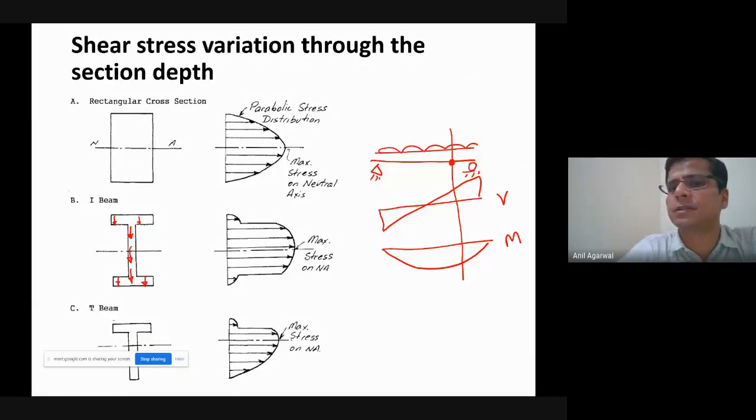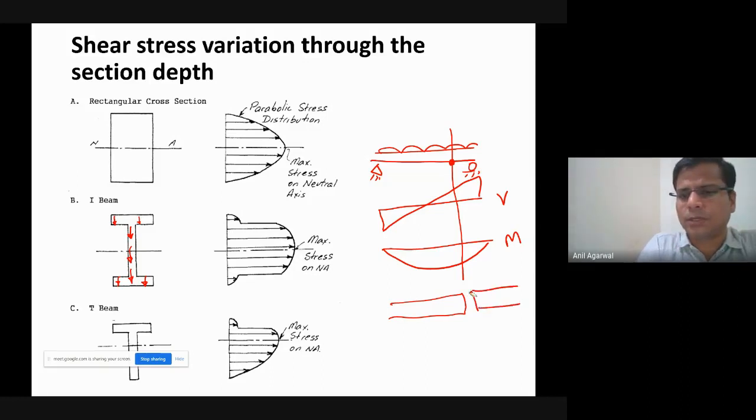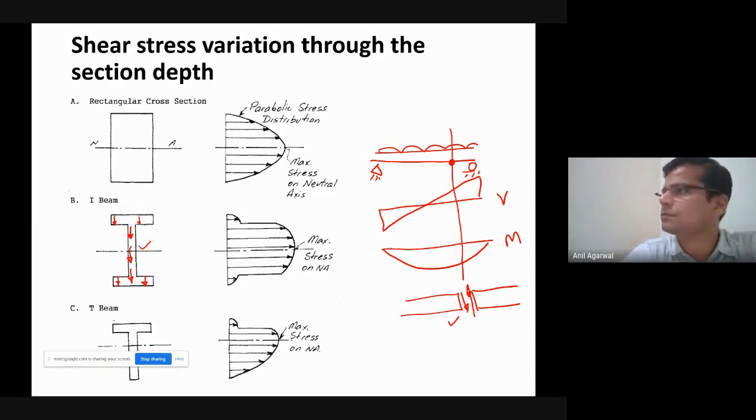That's how the shear force will be resisted. If I look at the cross section in a different direction, so this is one part of the beam and this is another part of the beam, here you would have forces going this way, and here you would have forces going this way. Correct? And if I look at one of the cross sections, this is how it will be. Similarly, in the other cross section, all these forces will be going upward.